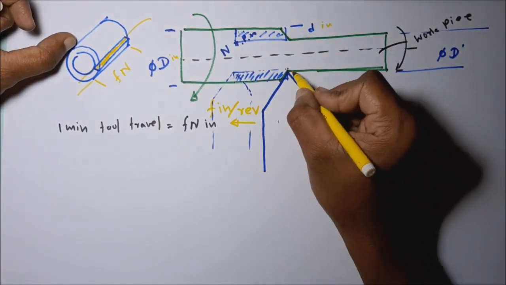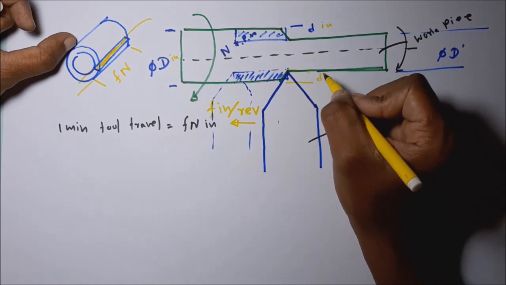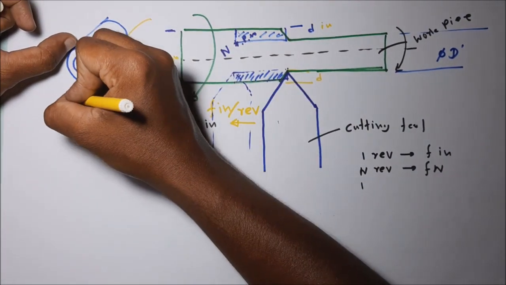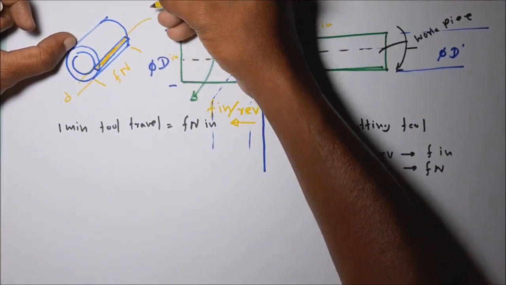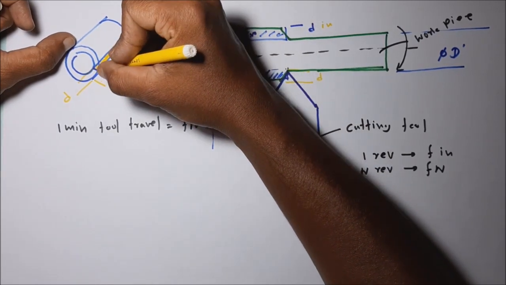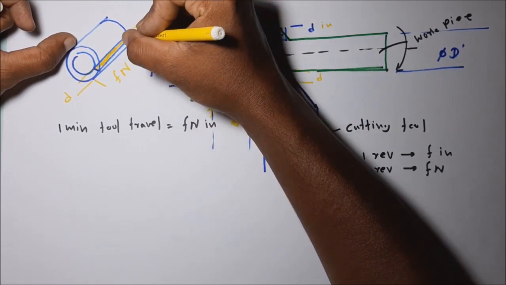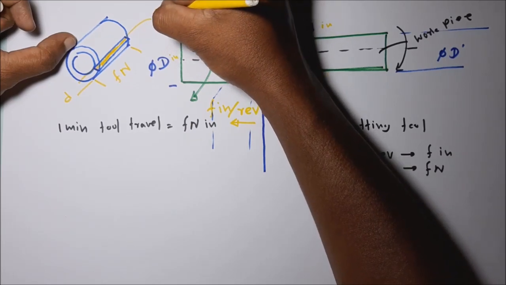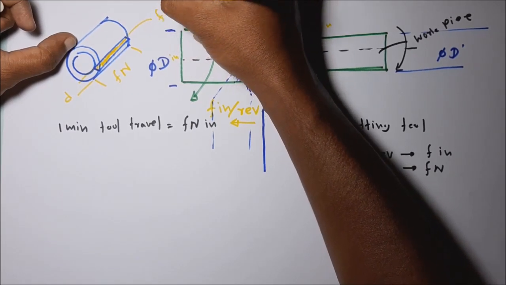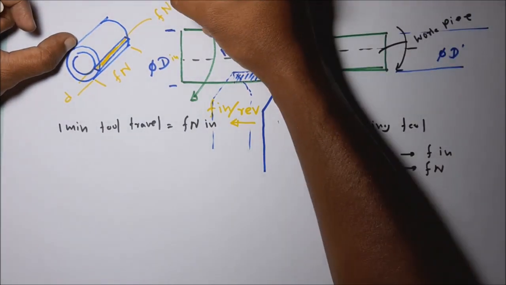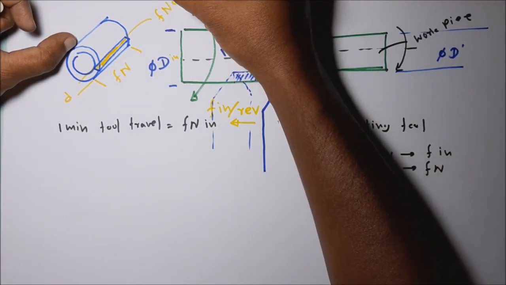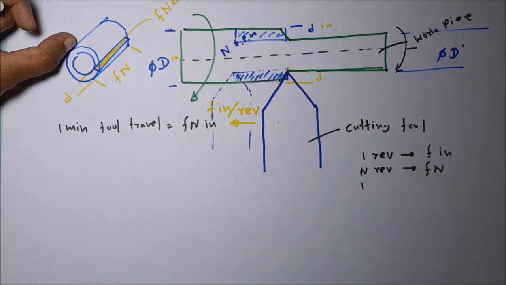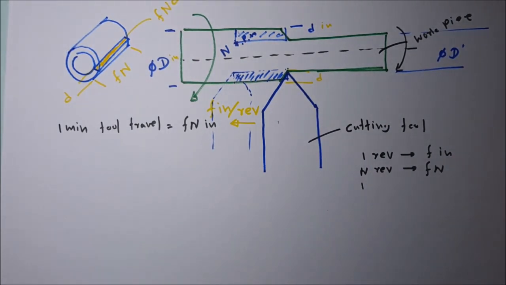This thickness is equal to D. So what is this area? This highlighted area, yellow color, is F N into D, in inches squared.